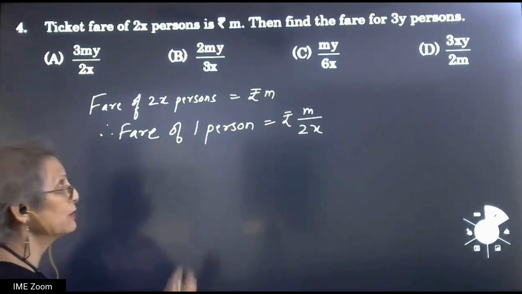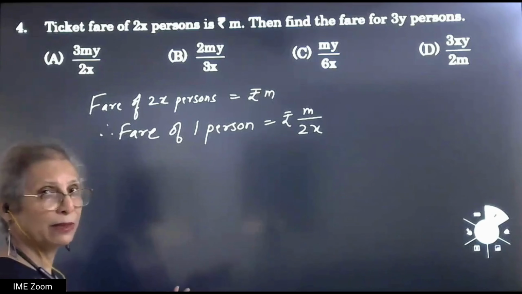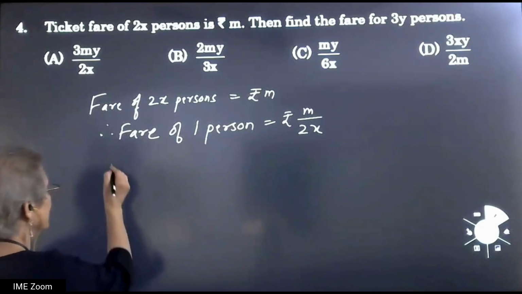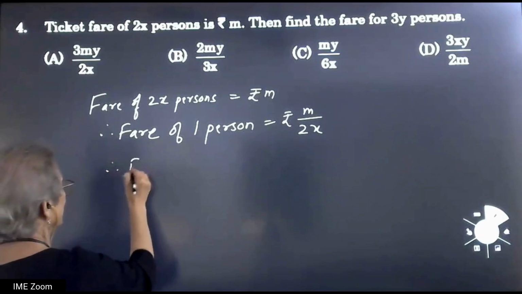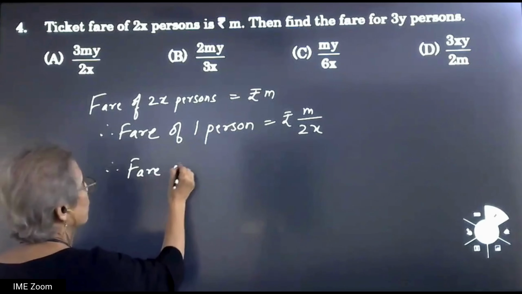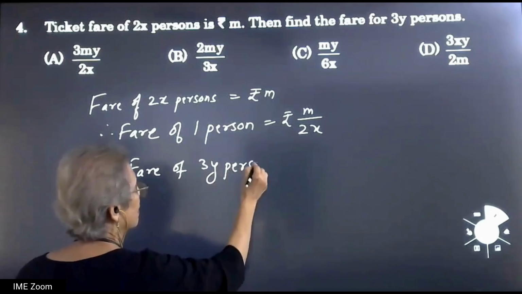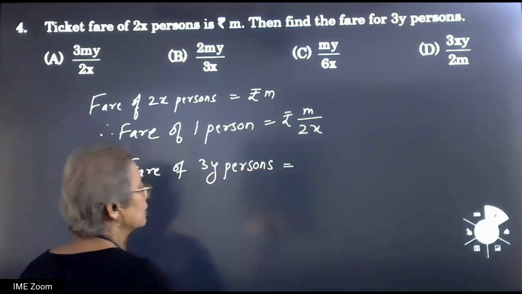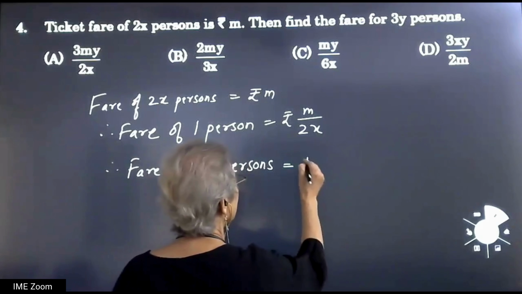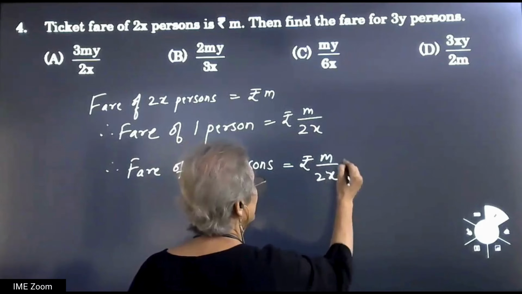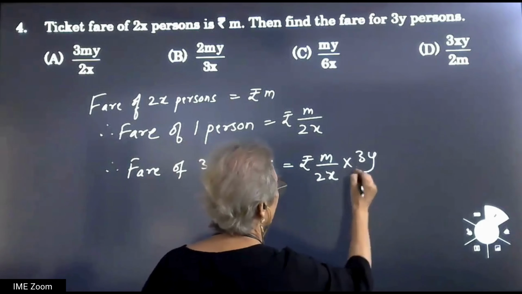Okay, and now we have to find for 3y persons. Multiplication. First part division we have done, next is multiplication. And therefore cost or fare of 3y persons is equal to rupees, this is the fare of one person and then multiplied by 3y.